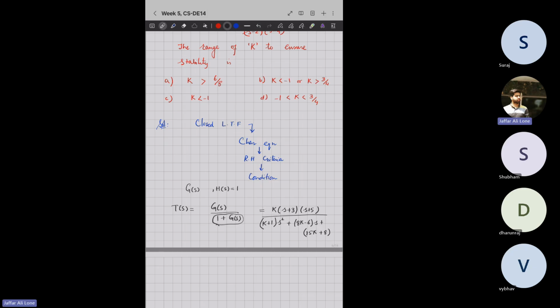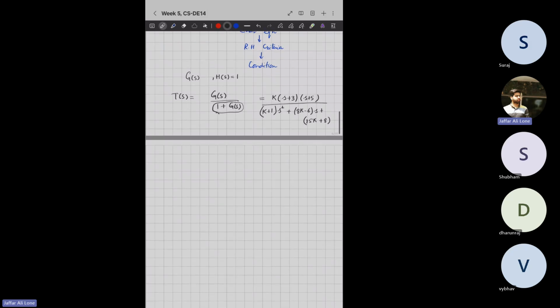This is the constant term. So my characteristic equation is (K plus 1)s squared plus (8K minus 6)s plus (15K plus 8).